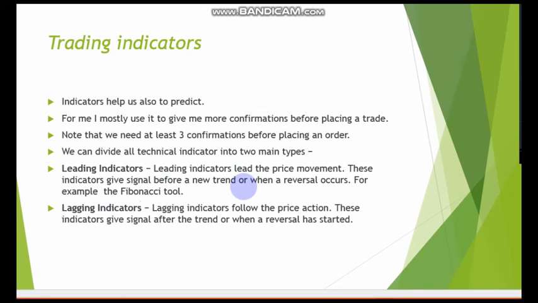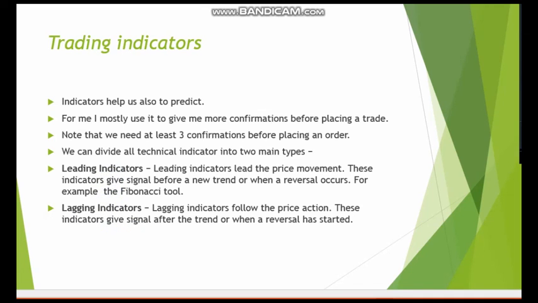They wait before they give you a signal for a buy, for example. The price movement has already gone up, so you might enter the trend very late using these lagging indicators, but you can also enter at the right time. So we have leading indicators and we have lagging indicators.